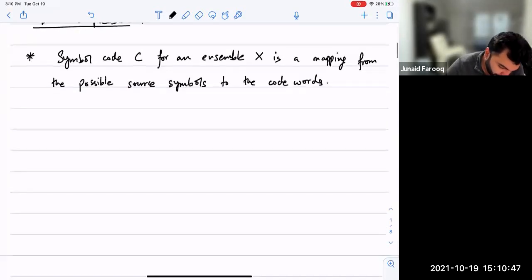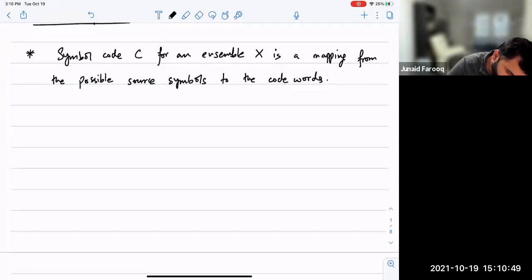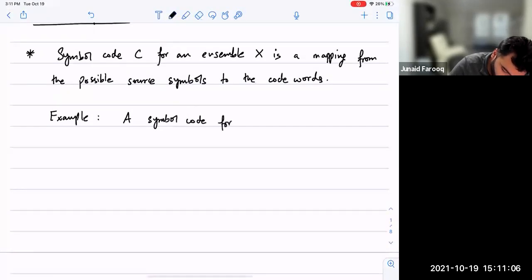Now, let's take an example to see what a symbol code looks like. So for example, a symbol code for the ensemble X is as follows.